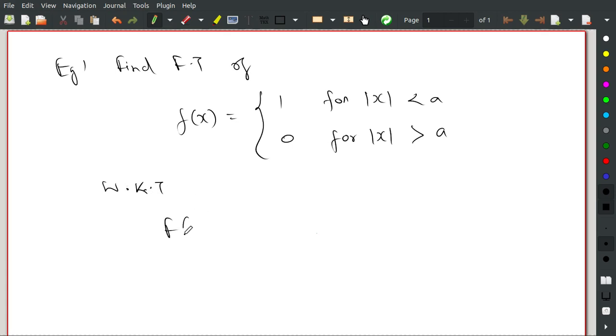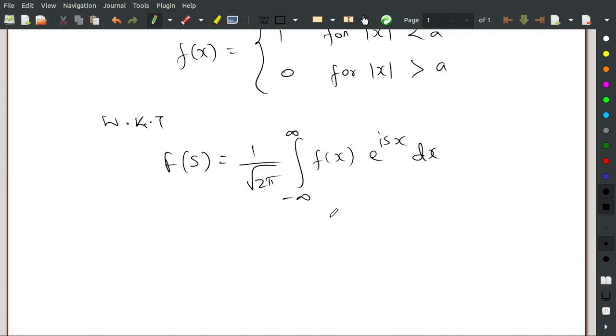our Fourier transform F of s equals 1 by root 2 pi integral minus infinity to infinity f of x e power i s x dx. Since it is a mod a function, x includes both positive and negative a.